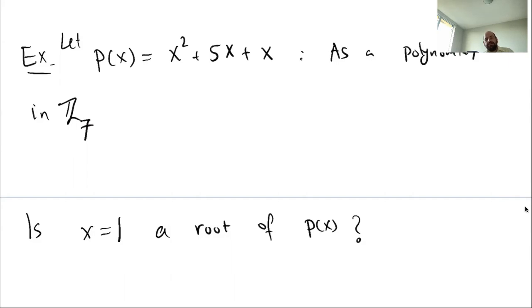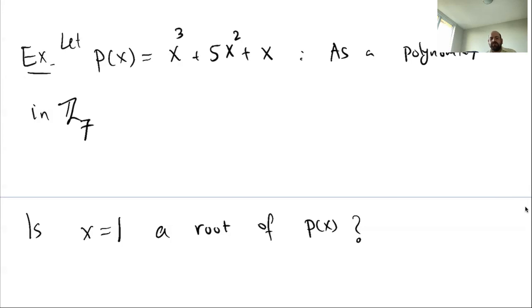Normally in high school, let's say your teacher gave you this polynomial, P(x) equals x cubed plus 5x squared plus x, and asked, is x equals 1 a root of P(x)? To answer this, you have to replace x with 1.